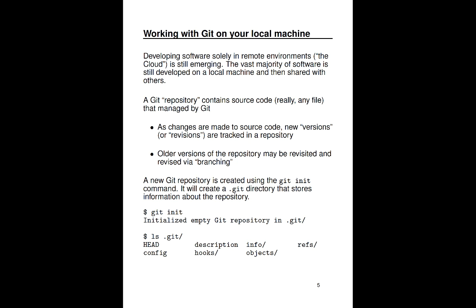Now, the .git directory contains basically the internal database and bookkeeping information that Git uses to manage the files that are under source control. So if you go look at that .git directory, you'll see there's a bunch of stuff there. It's not anything that you really need to worry about, and actually something you shouldn't mess with. It's all the internal guts of Git, but it's good to know that it exists.